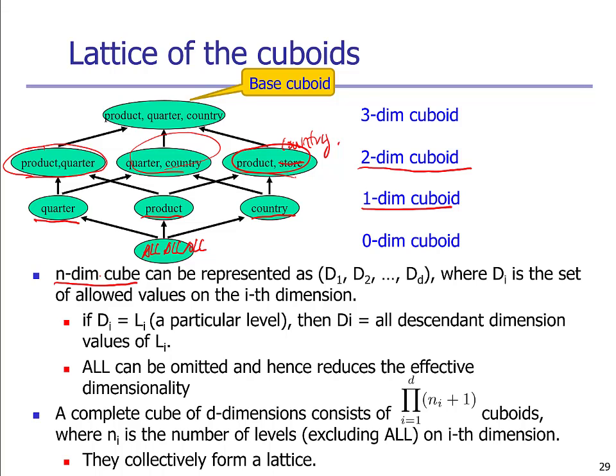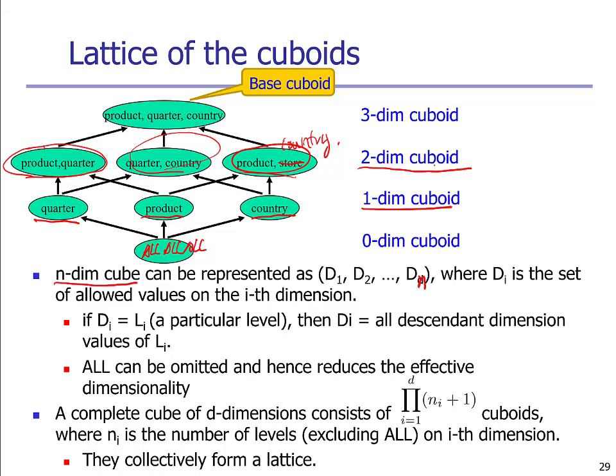So an n-dimensional cube can be represented as D1, D2 to Dn, where Di is the set of allowed values on the ith dimension. For example, the 2-dimensional cuboid can be represented as D1 and D2.